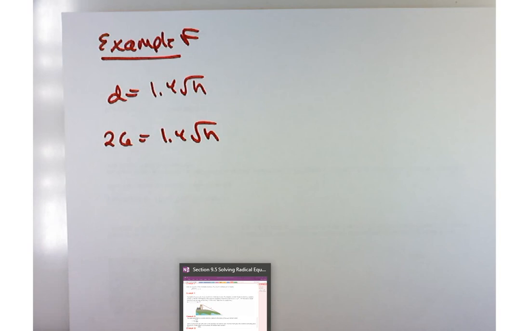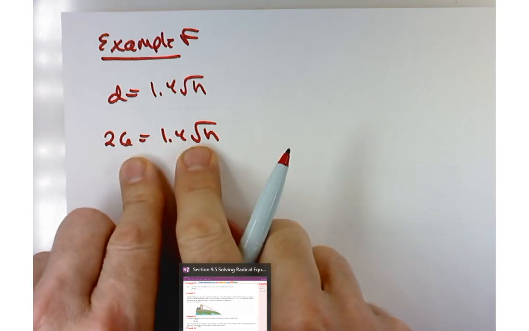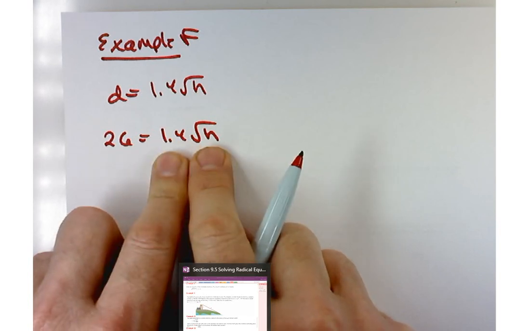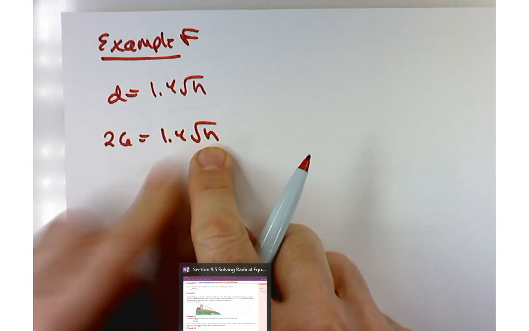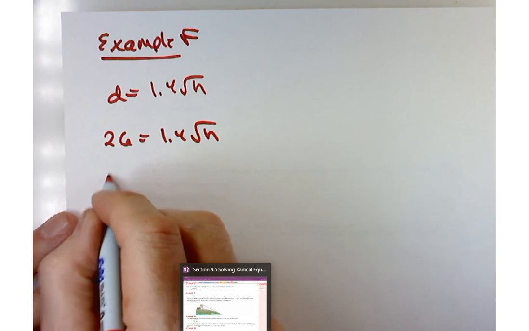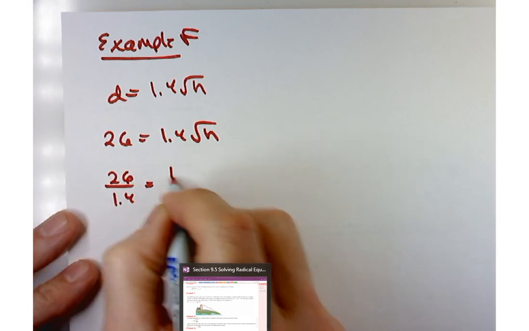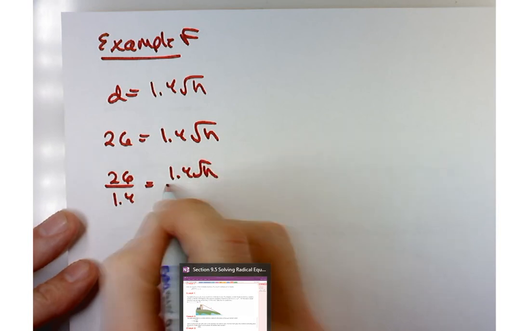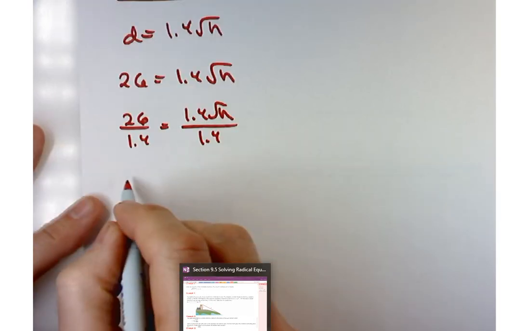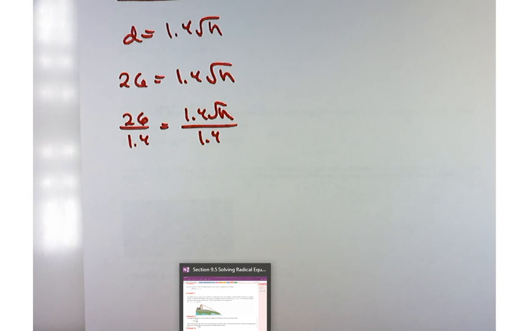You've got a couple choices here as to how you solve this. It kind of depends on you and what your comfort zone is. You could square both sides as it is because you kind of have the square root by itself. Or you could divide both sides by 1.4. And what's nice about that is that it gets that square root term by itself.